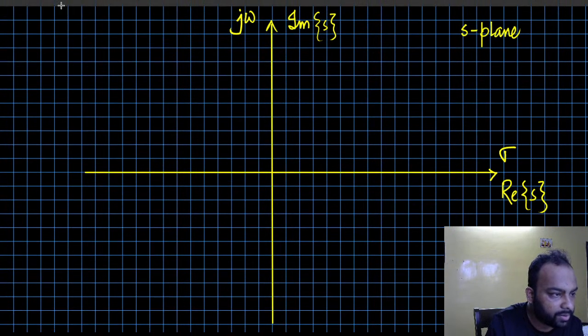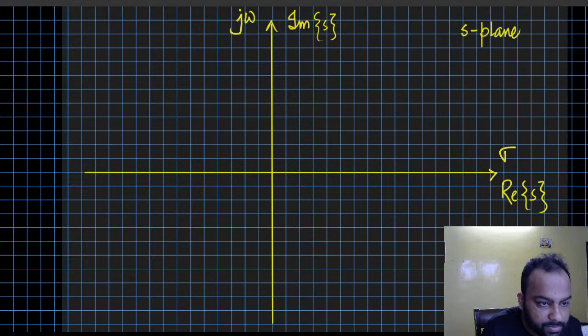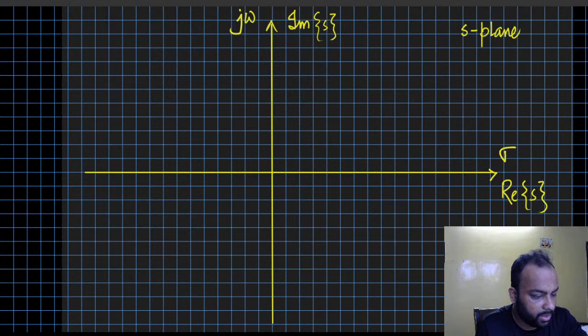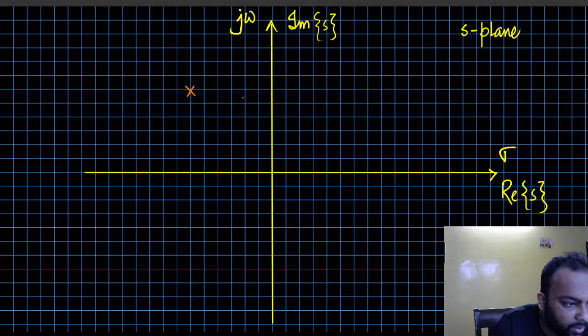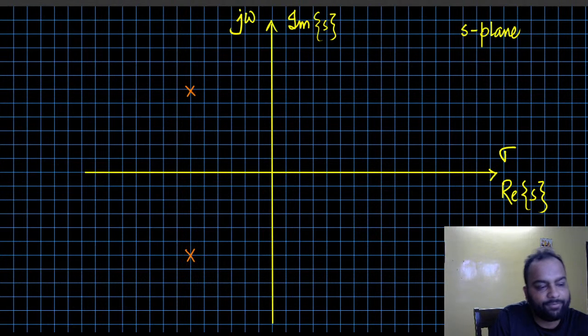Hold on for a second. For the underdamped scenario, say we have something like this. We have a pole here. We have a pole here. So we have two complex conjugate pole pairs here, right?